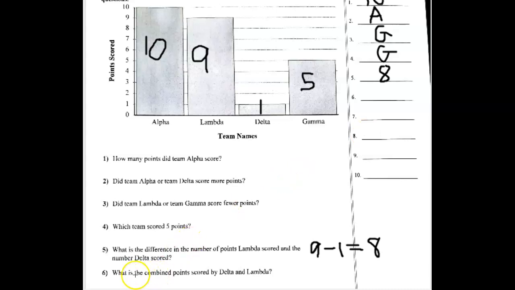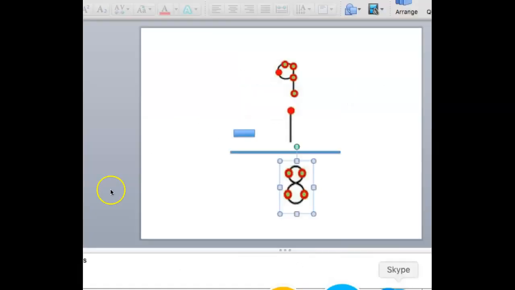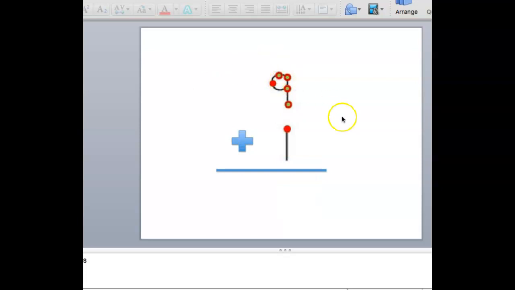Number 6, what is the combined points scored by Delta and Lambda? So now you want to add them. So remember, Delta is 1, Lambda is 9. So you're going to go 9 plus 1. Remember, you're going to count up now.